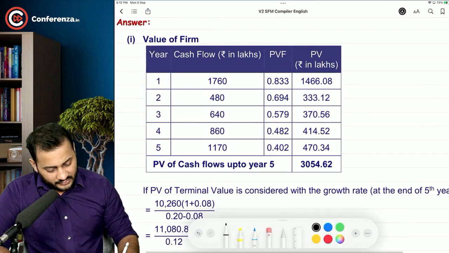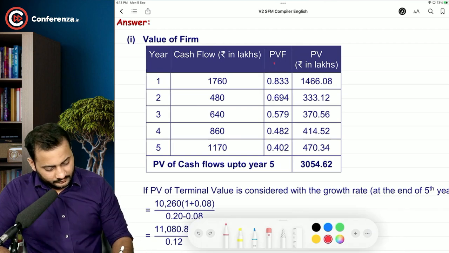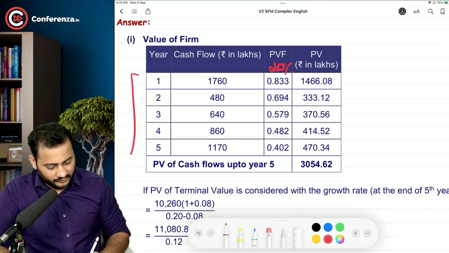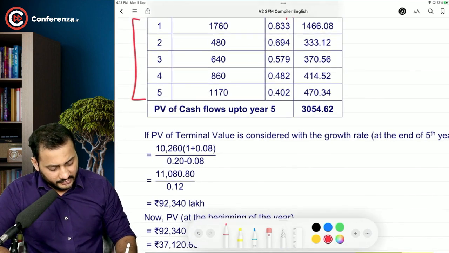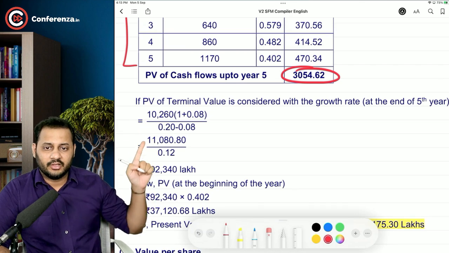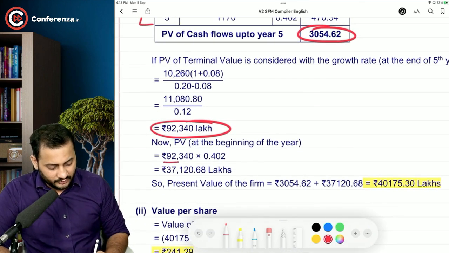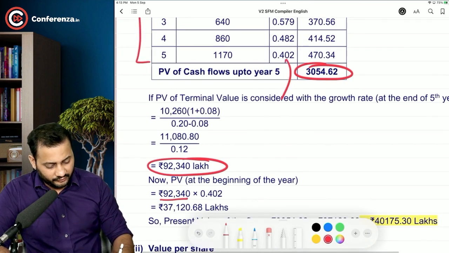See, first you will take the 20% discount rate, calculate the value of the first 5 years, that is 3054, and then the calculation of terminal value, which will give you 92,340. This 92,340 is at the end of 5th year, right?